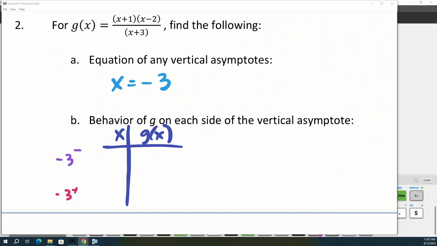If you're just rushing and not thinking, you might get your left and right mixed up. The left side of -3 is going to be a number smaller than -3, or more negative than -3. So what do y'all think? Yes, -3.1 is the left side of -3, and the right side of -3 is -2.9. So be careful with that.